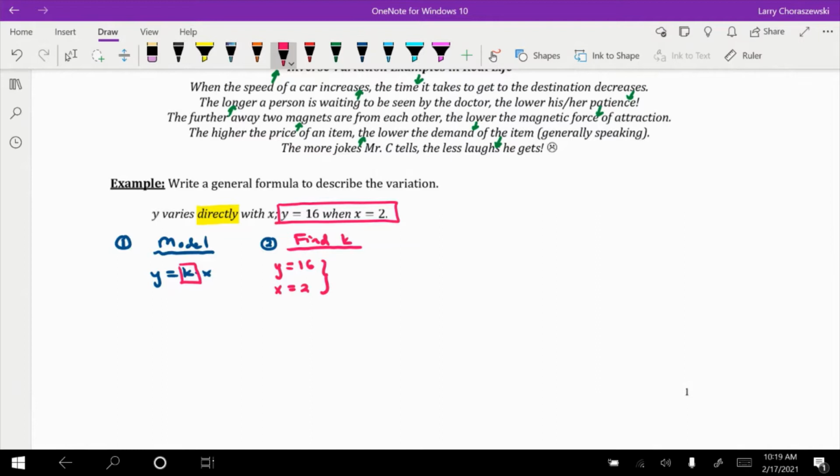Basically what we do is substitute them into our model. So we're going to replace y with 16. We'll leave k as is, but we're going to replace x with 2. This can be rewritten as 16 is equal to 2k. If we want k by itself, we'll divide each side by 2, and we get a k value of 8.